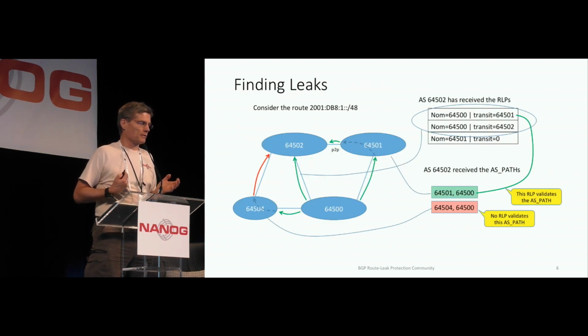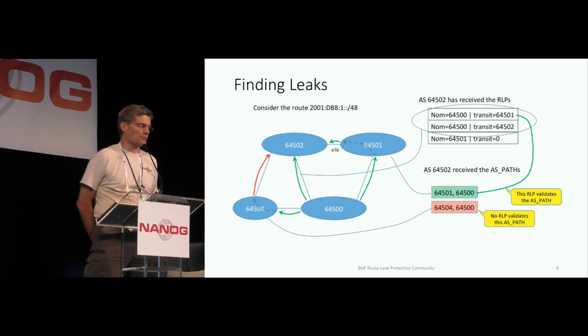Okay, so how do you find a leak? Now, 64500 sends two of these. Along the top here we have nominated is 64500, my transit is 64501, and another one that says my transit is 64502.